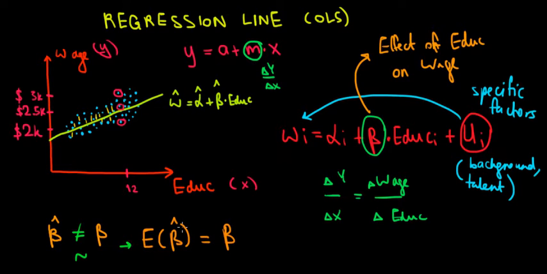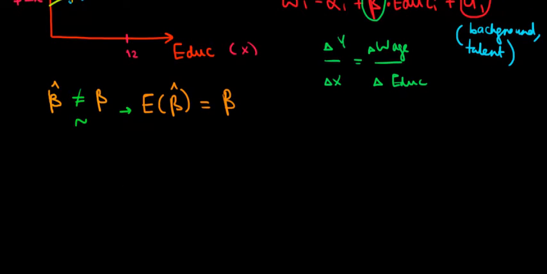What does that mean? That means that if we take very many random samples with people and plot the relationship of education and wage, on average we're going to have most coefficients from those samples equal to the population coefficient. And if we plot them on a graph, then we would have a normal distribution.